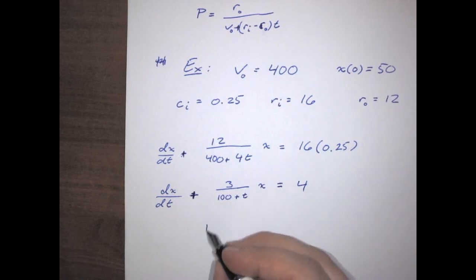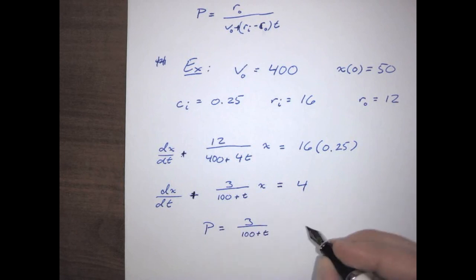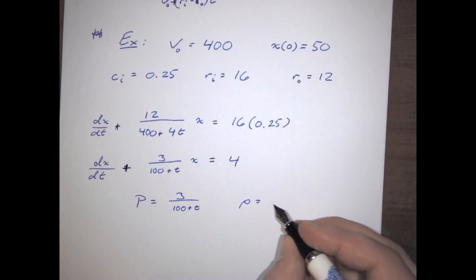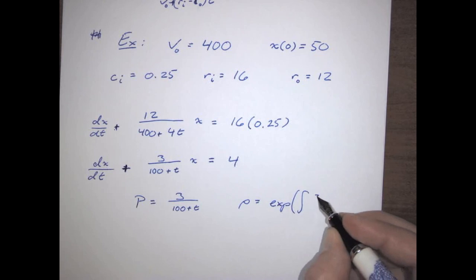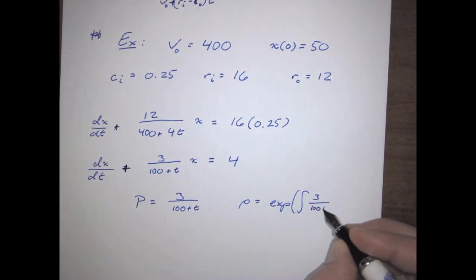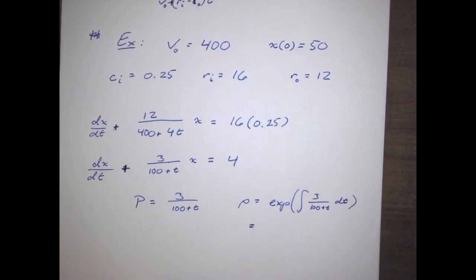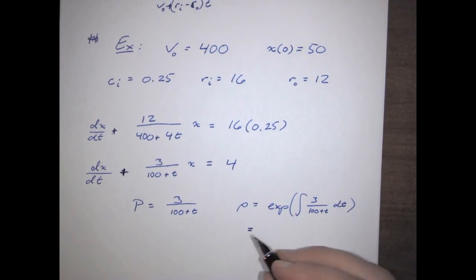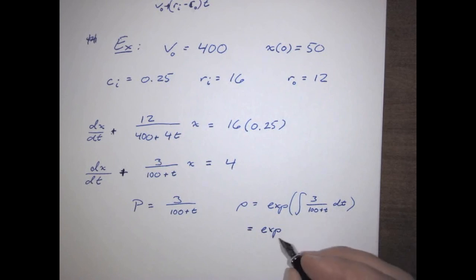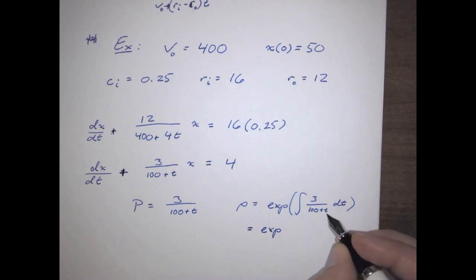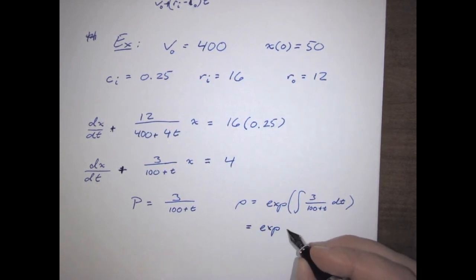And now then, what that means is that p is equal to 3 over 100 plus t, which means that rho is going to equal e to the power of the integral of 3 over 100 plus t dt, which is then going to be equal to, here what we've got is a very basic u substitution, so basic that we don't even need to really worry about doing it as a u substitution.